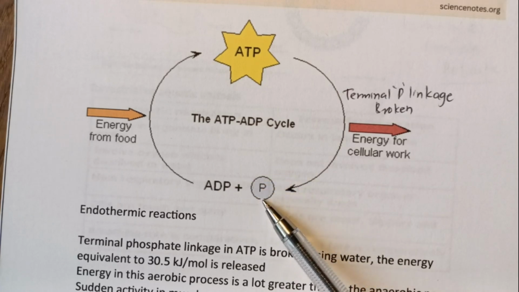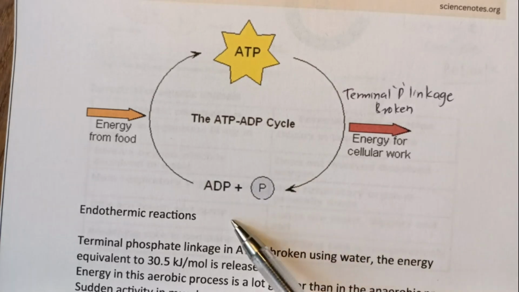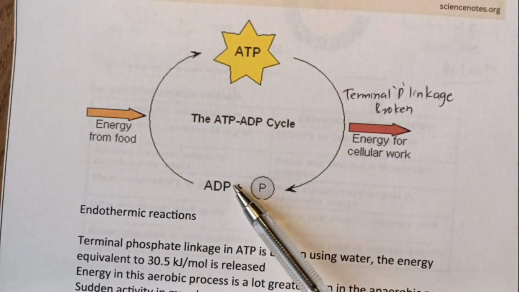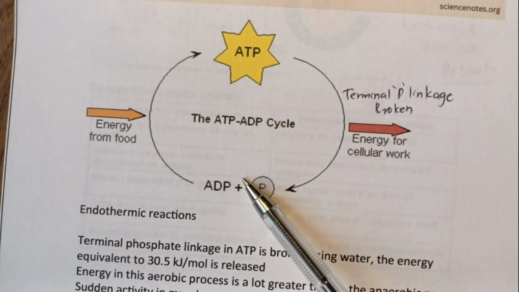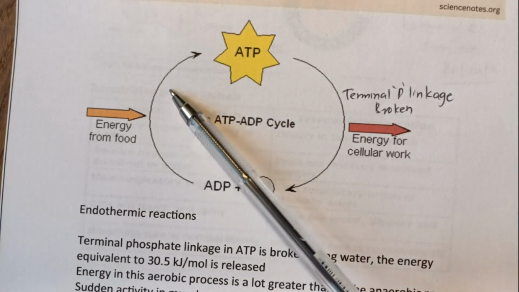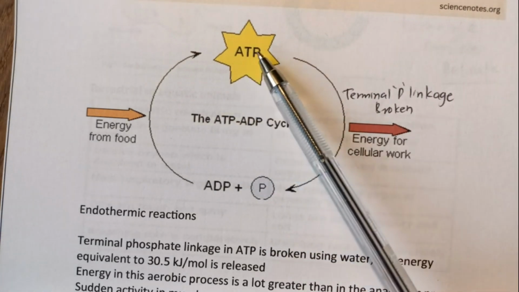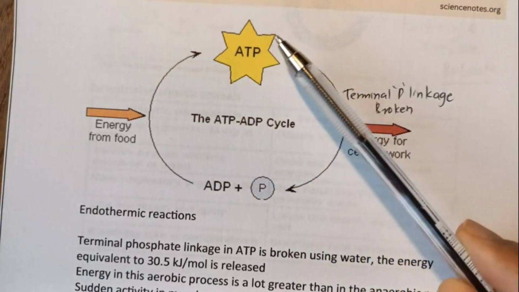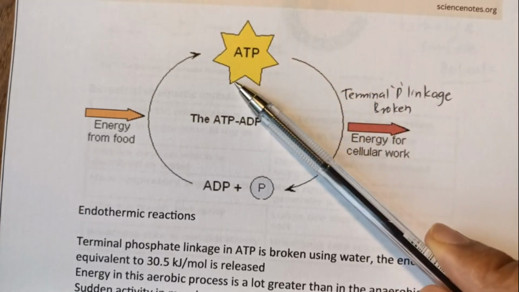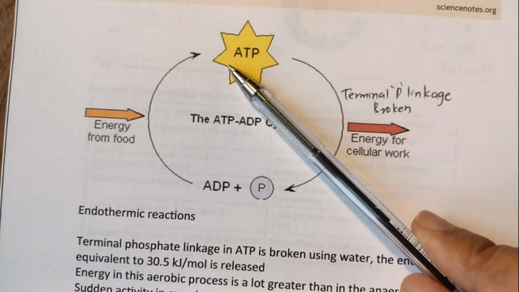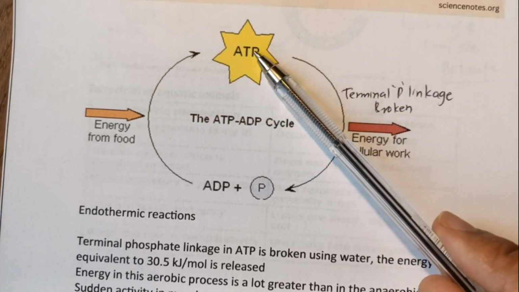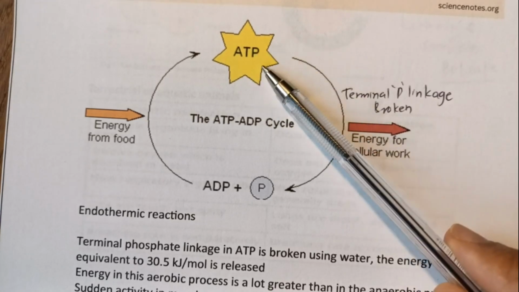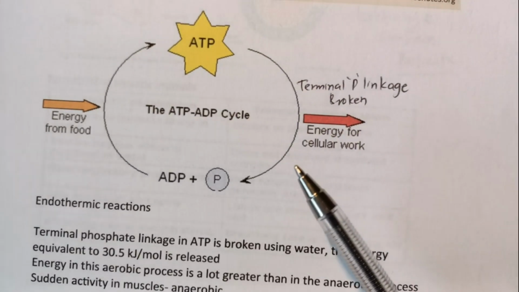To make this bond the energy is absorbed, and it gives rise to ATP, that is adenosine triphosphate. So adenosine diphosphate is converted into triphosphate, and this is now a currency. It's like money kept in your bank account. So it can be used immediately or later on when your body needs it.